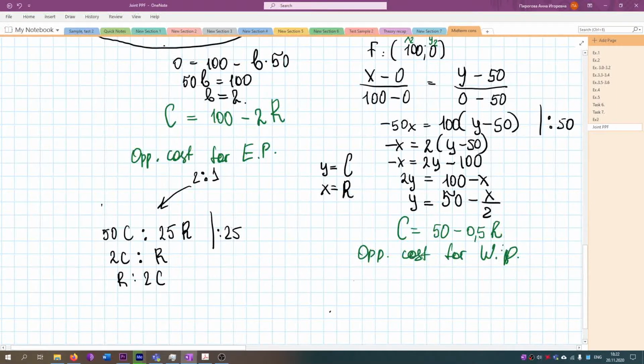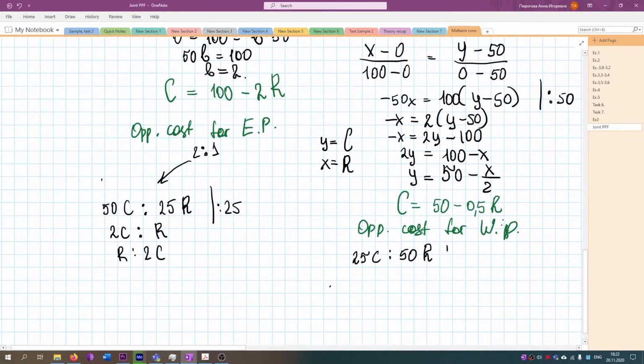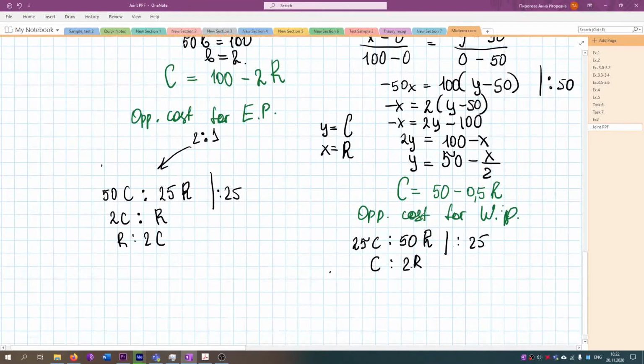So here we have 25 cars equivalent to 50 radios. So let's divide both parts by 25, and we will receive that a car is equivalent to 2 radios in case of Western production.